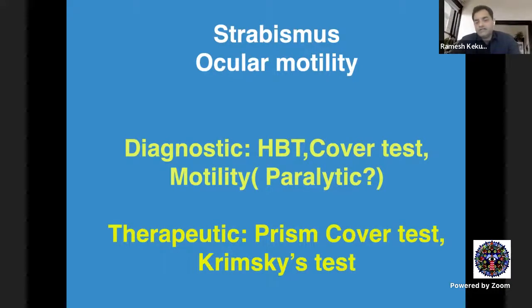Or you have to do a surgery for 30 PD, and when the post-op patient comes, you need to do the prism cover test. When you're doing more and more therapeutic tests, you don't care about cover test, uncover test. It's not really practically required. What you do mostly is the prism cover test. And then if the vision is very poor, you do Krimsky's test.